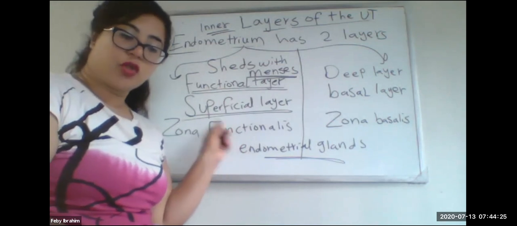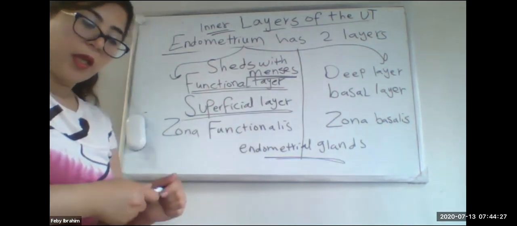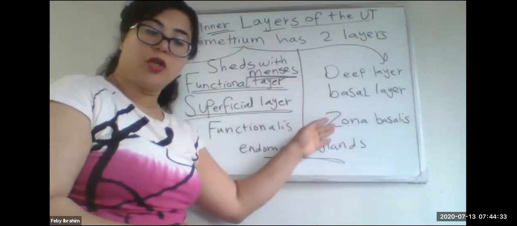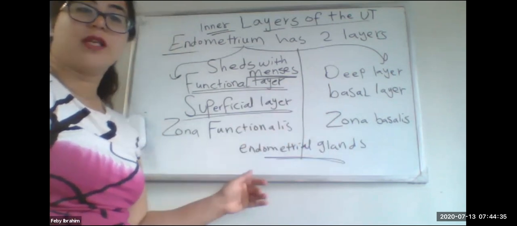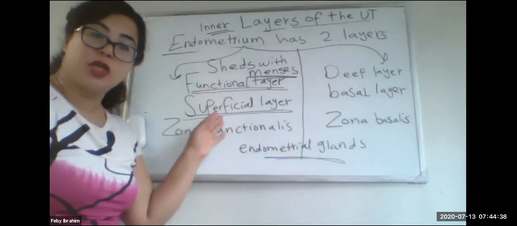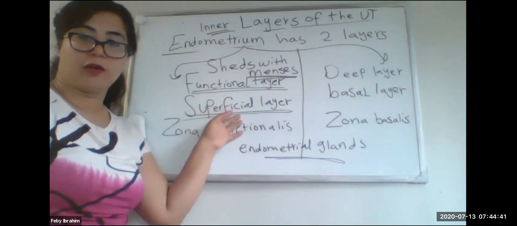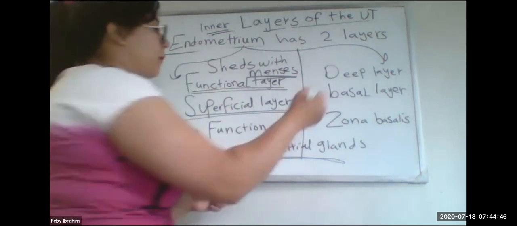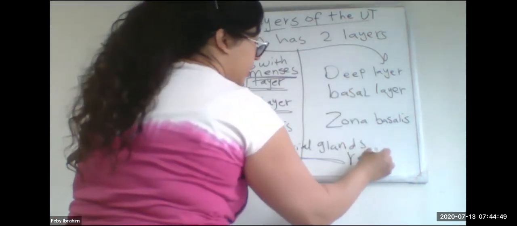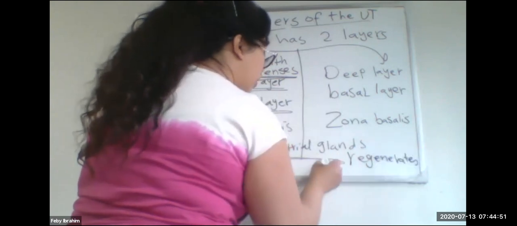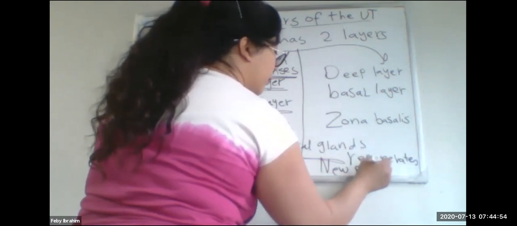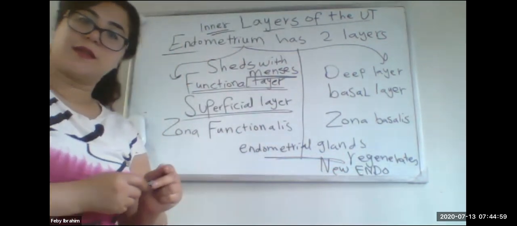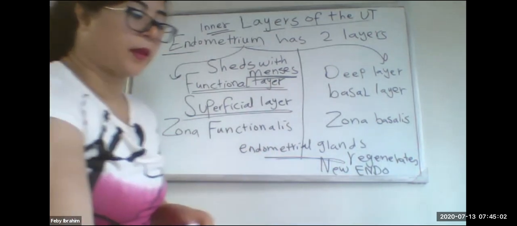And the deep layer is the one that regenerates new endometrium after menses. So the one that sheds with menses is the functional layer, and the one that regenerates new endometrium after menses is the deep layer. These are the layers of the uterus. Okay.